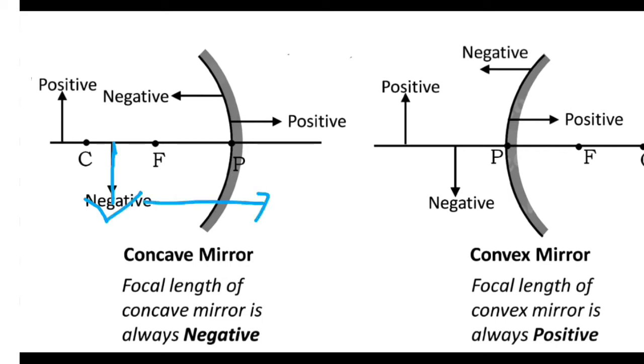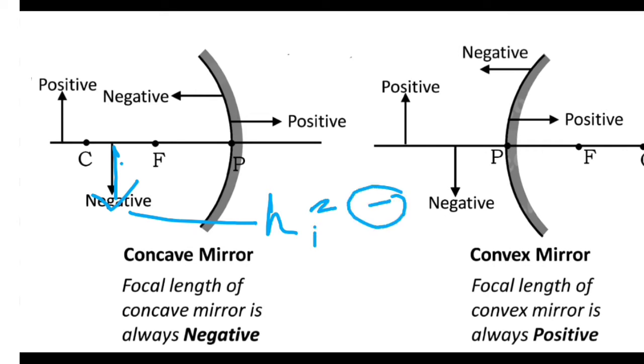So for real image, height of the image will be negative, because it is in front of the mirror but in downward direction. That's why height of the image is always negative. But when we get a virtual image, then it is in the upward direction.